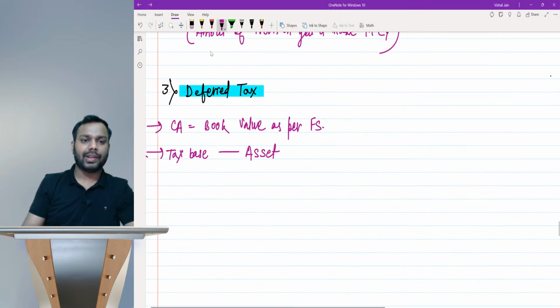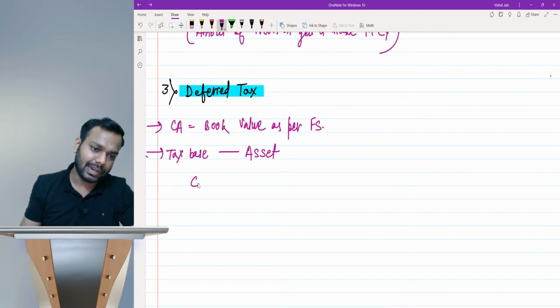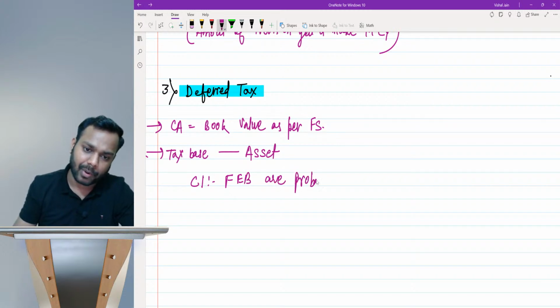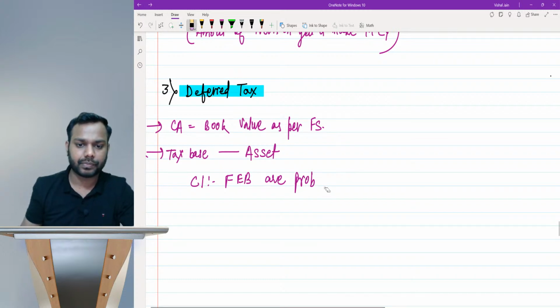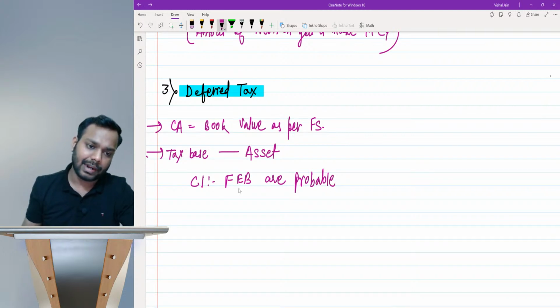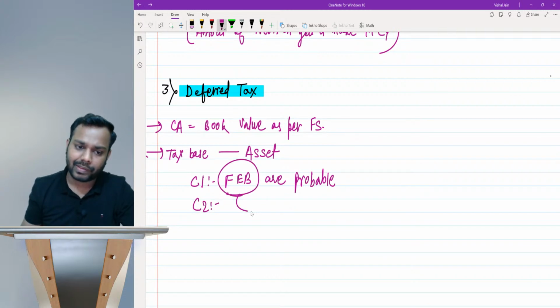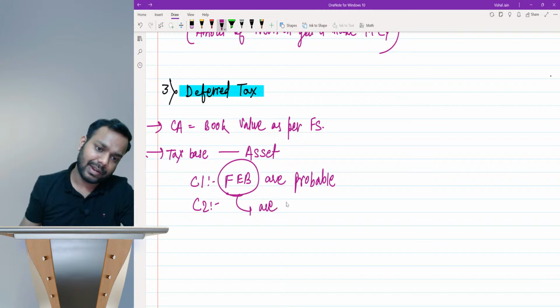For the tax base of an asset, the standard says there are two conditions. Condition number one, that from the asset, future economic benefits are probable. And condition number two is these benefits are taxable.